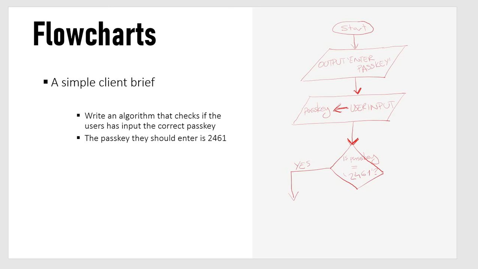In that case, we are going to say return door open, like that. But if the pass key is not correct, we're going to say no, like that. Then what we're going to do is we're going to return alarm, for example, like that.